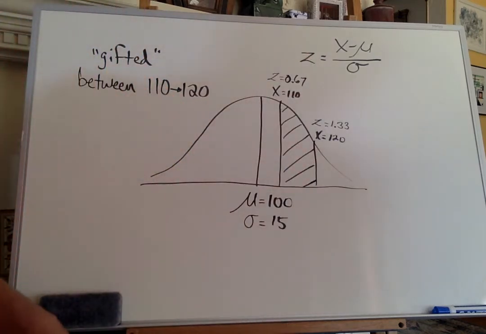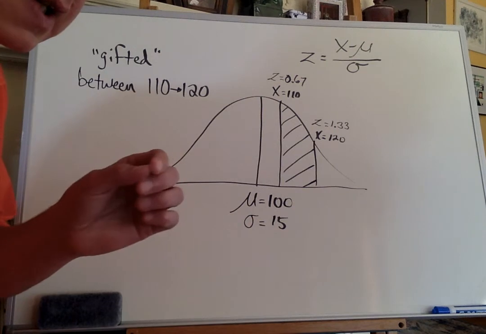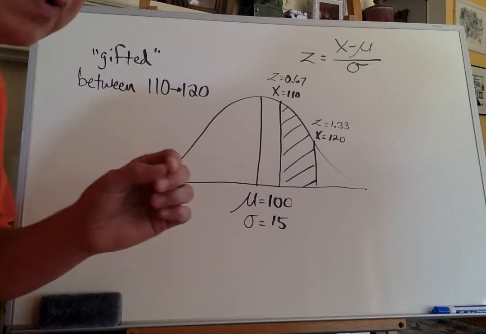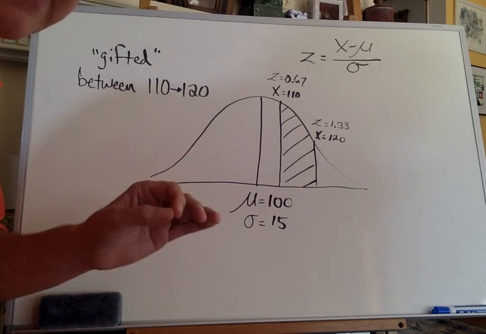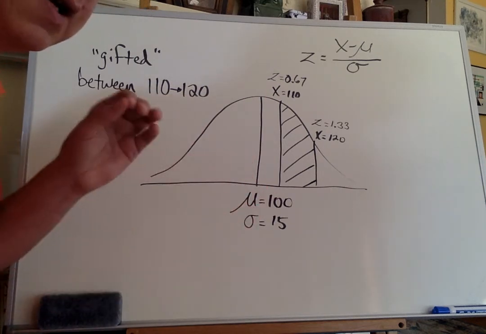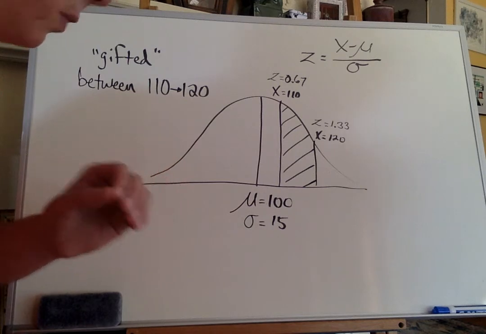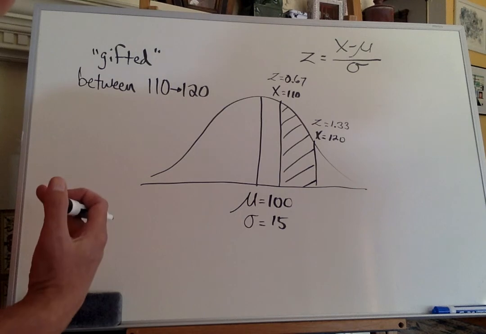Okay, make sure you round appropriately, folks. If you have 0.666666, that should be rounded. If you're using two decimal places, that should be rounded to 0.67. We're not just chopping off the rest, we're rounding. So we're good to go for our unit normal table because we have the z-scores.